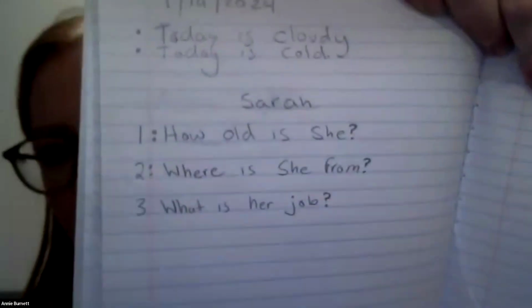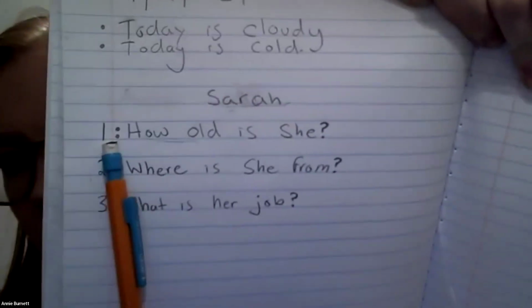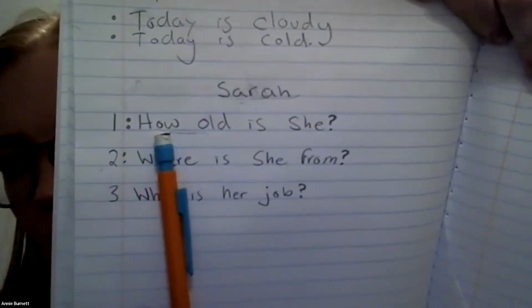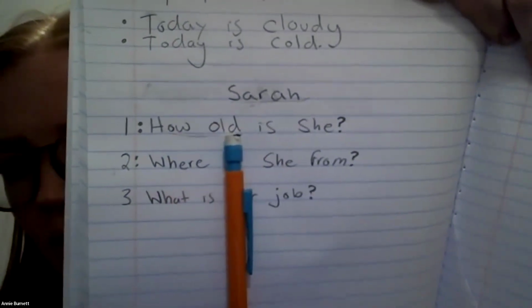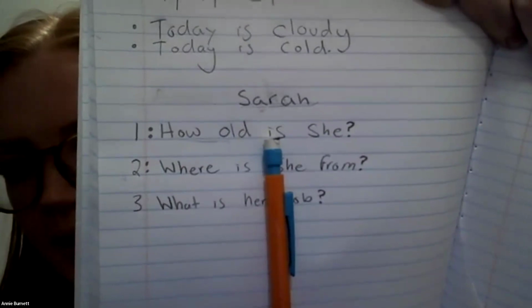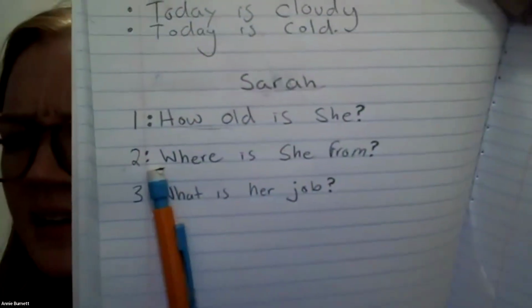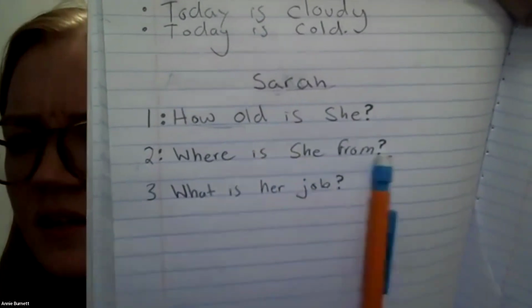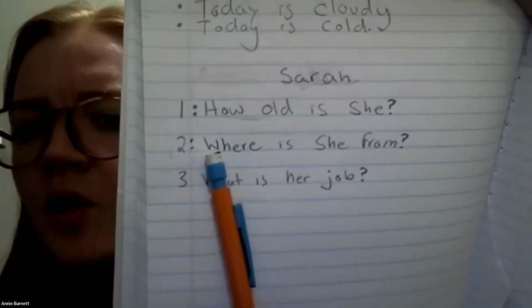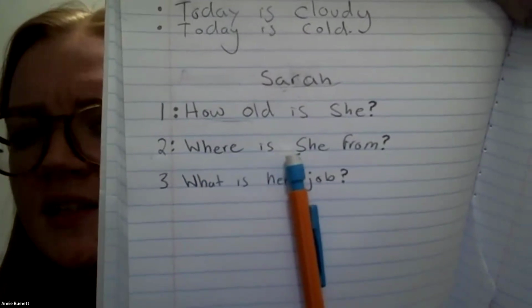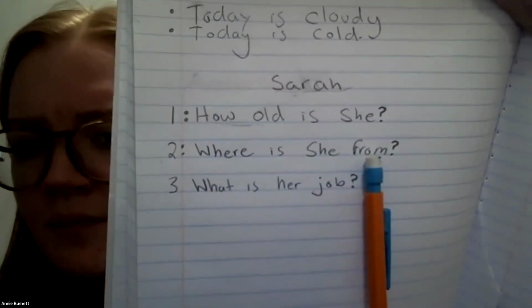Okay, so it should look like this. Number 1, how old is she? Number 2, where is she from?